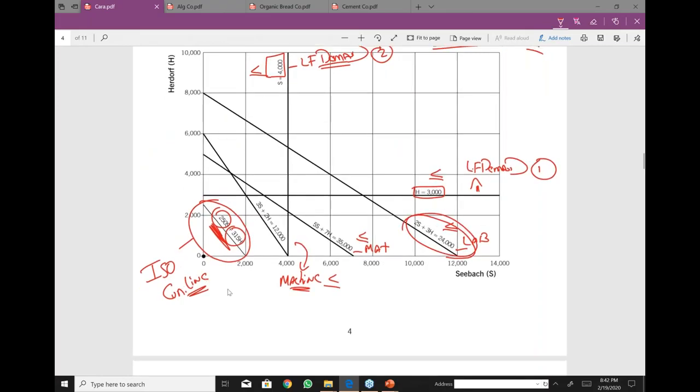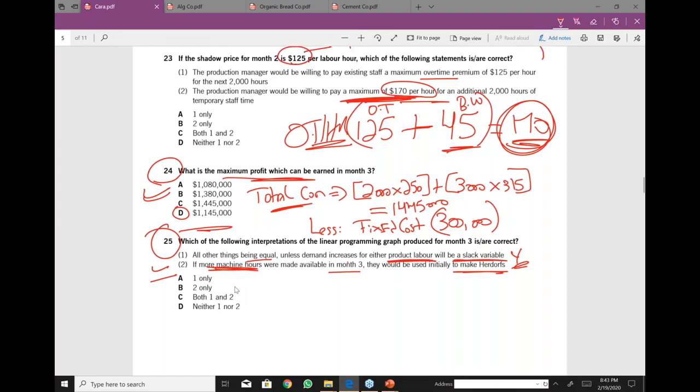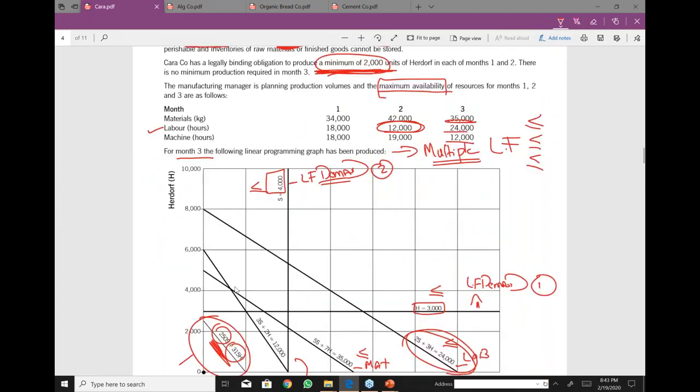Second, if more machine hours were available in month 3, they would be used initially to make H. So would you make H here? Let's see, if more machine hours are available, will we make H here?